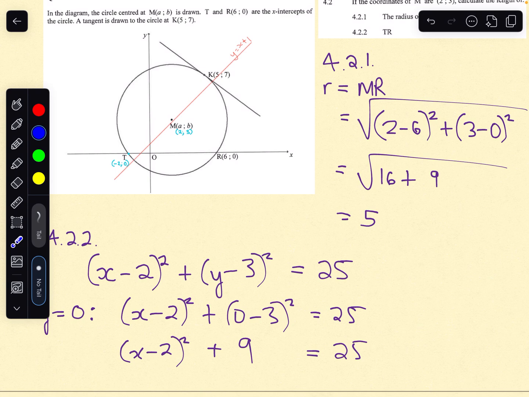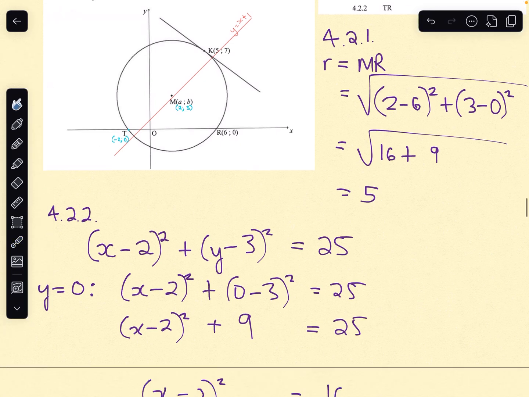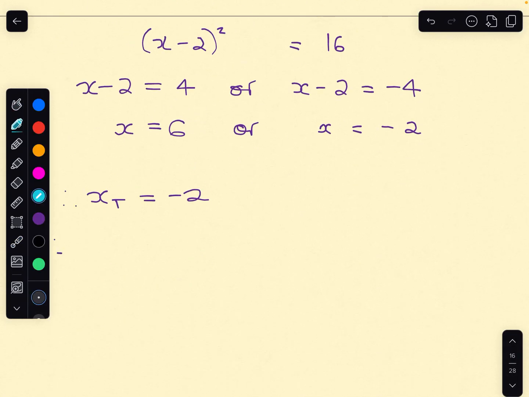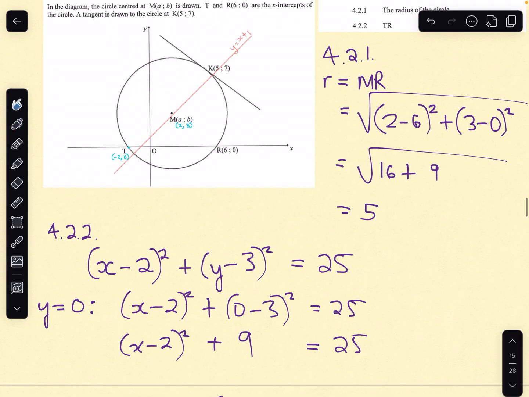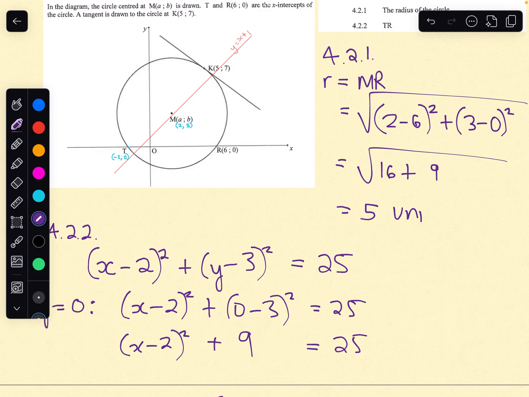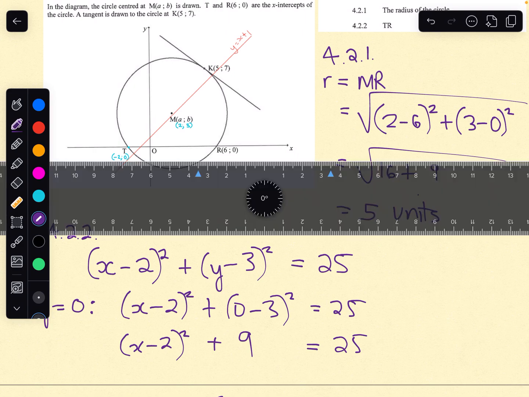We can just see that to go from T to the origin is 2 units, and from the origin to R is another 6 units. So in total, the distance TR is equal to 8 units. And I guess for the radius as well, we can say this is 5 units. And I am just going to note the length of the radius for myself in case we need it for a future question.